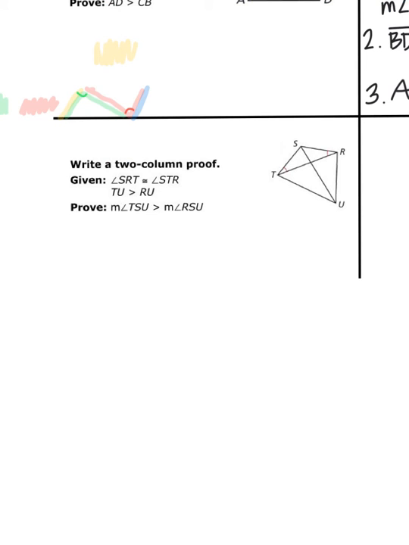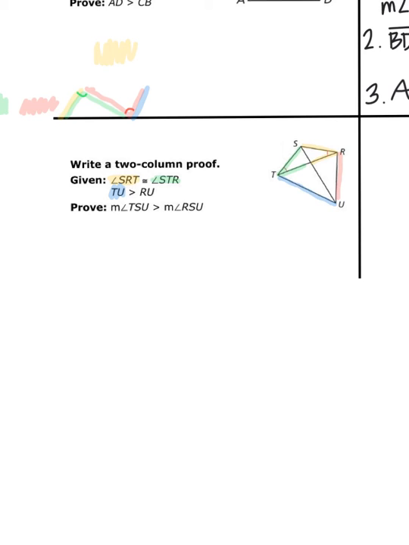In our last proof, we've got some information about our angles. Angle SRT, so this one right here, is congruent to angle STR. Okay, and then we've got information that segment TU is actually bigger than segment RU.